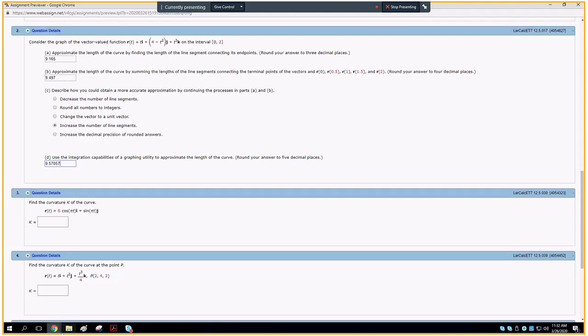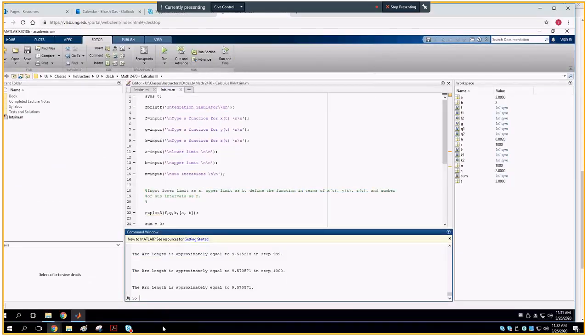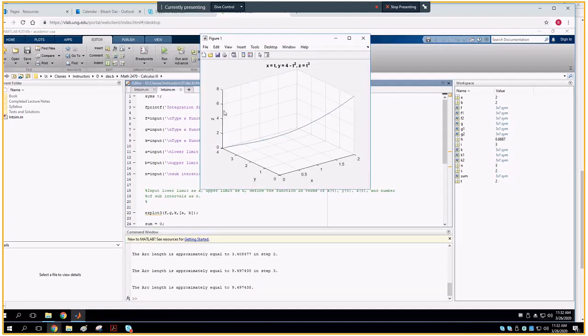And this answer was 4 decimal places. So I have to run the code one more time. Should not take much time. And then run it. Xt is t, yt is 4 minus t squared, and zt is t to the power 3. 0 lower limit, upper limit 2, iteration 3, and round to 4 decimal places.